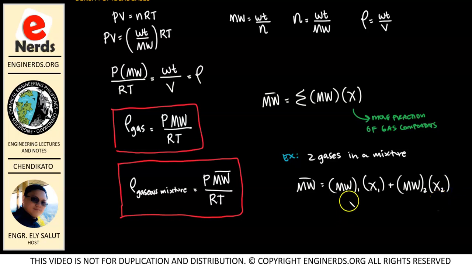So, ganyan natin makukuha yung average molecular weight. Then, kapag nakuha na natin yung average molecular weight, we can substitute that here in order to get the density of our gaseous mixture.